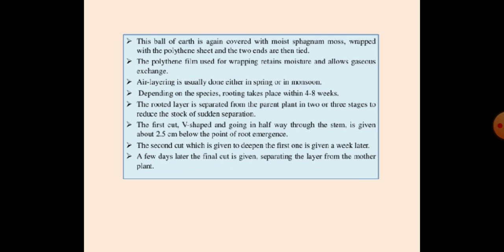The rooted layer is separated from the parent plant in 2 or 3 stages to reduce the shock of sudden separation. First, a V-shaped cut is given about 2.5 centimeter below the point of root emergence. The second cut, which deepens the first one, is given a week later. A few days later, the final cut is given, separating the layer from the mother plant.